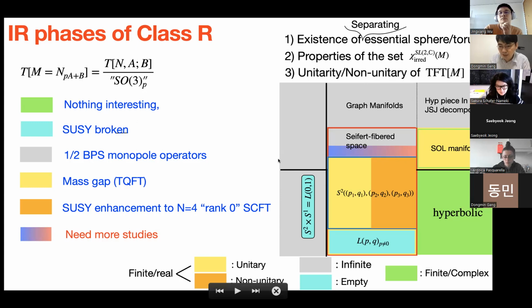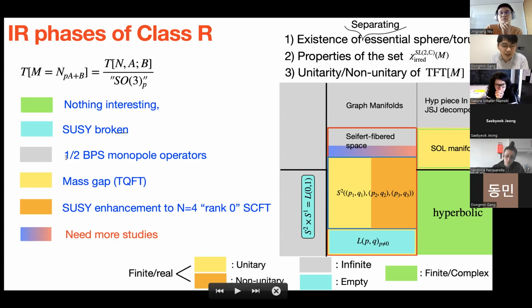This manifold can be divided into these classes, I will call that finite and complex, and it always corresponds to hyperbolic cases, or in some cases the infinite classes, and there's also unitary and non-unitary classes, and these are classes of the non-hyperbolic manifold, and these are some resulting IR phases. For hyperbolic cases, nothing interesting happens, and for this class, for lens space cases, it is a supersymmetry-broken phase, and this is the infinite type class.